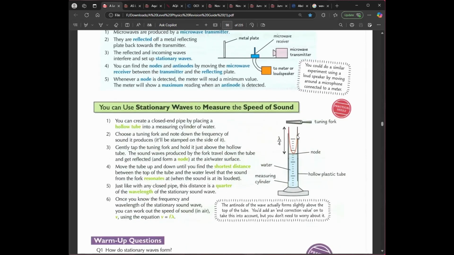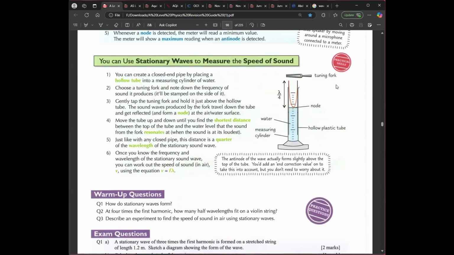So in this example, they just have the tuning fork, and for the tuning fork, we know what the frequency is. So obviously this is a closed end, so they keep on coming down until they hear a loud sound.